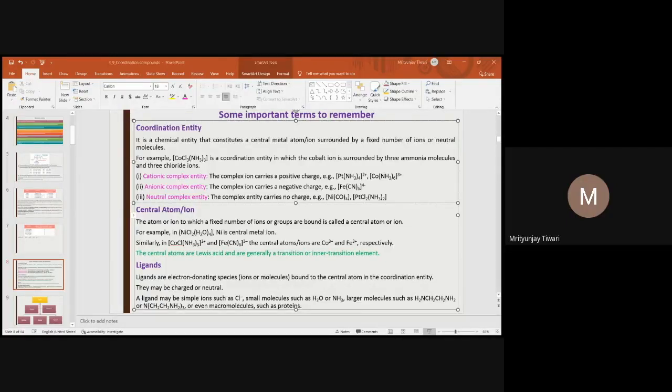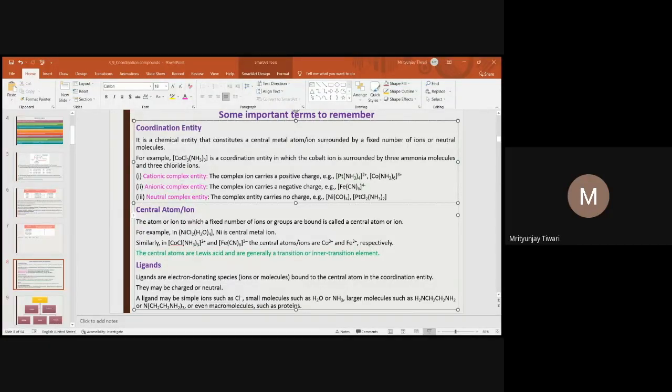Now as we see, this is one carboxylate group, and this is also one carboxylate group. Four such carboxylate groups are there, so we have four donors here. One carboxylate donates only one atom to the metal.